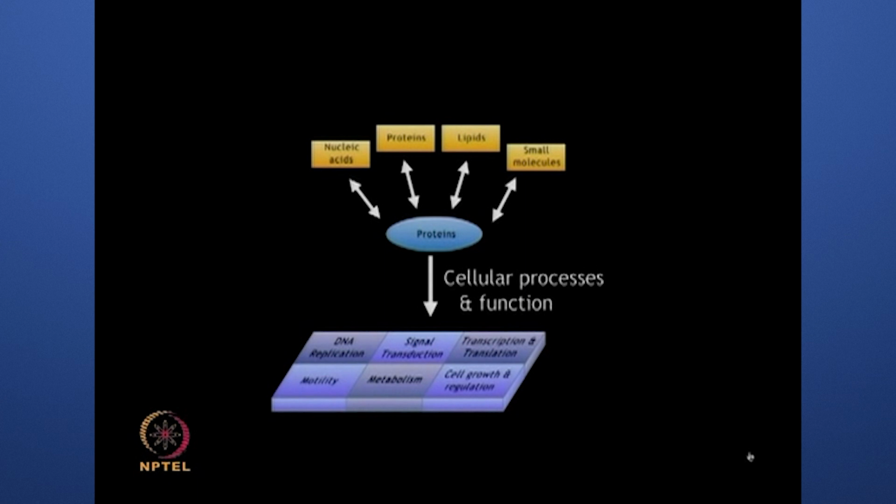Proteins interact with other biomolecules such as nucleic acids, lipids, hormones, etc. to execute a multitude of functions in living organisms such as signal transduction, growth and regulation, and metabolism. These are a few examples. There are many other cellular processes and functions in which these are also involved.